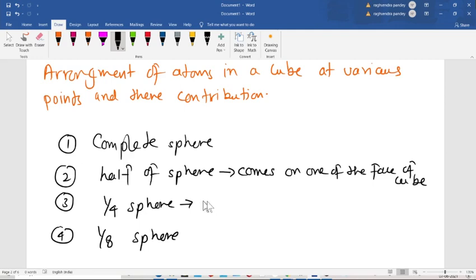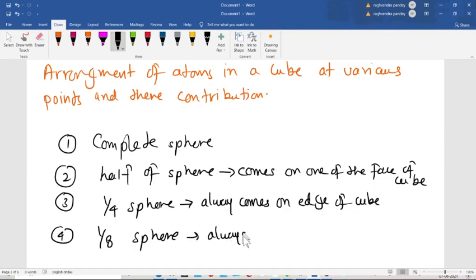Then 1 by 4 always comes on the edge of the cube. 1/8 is always at the corner. That I told you.